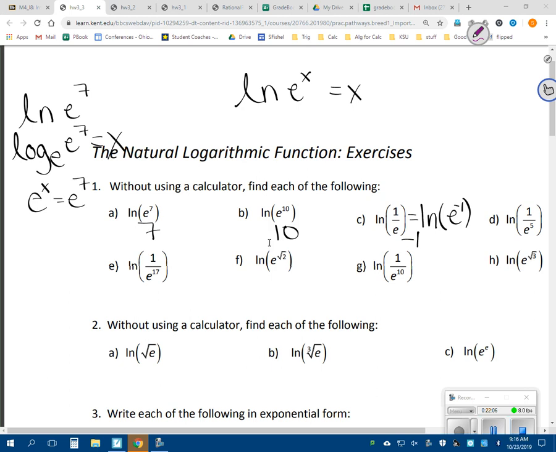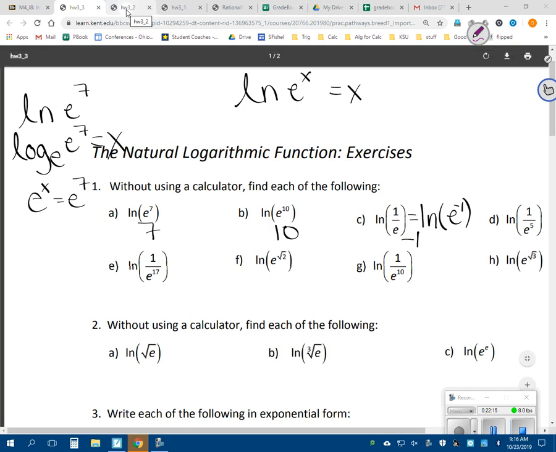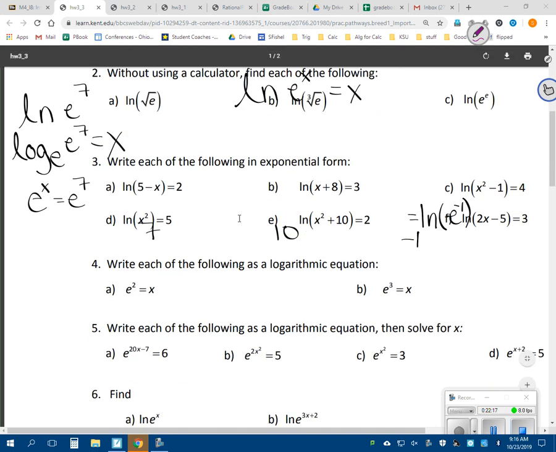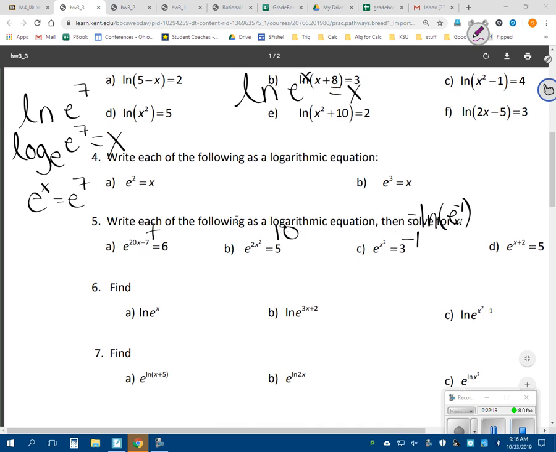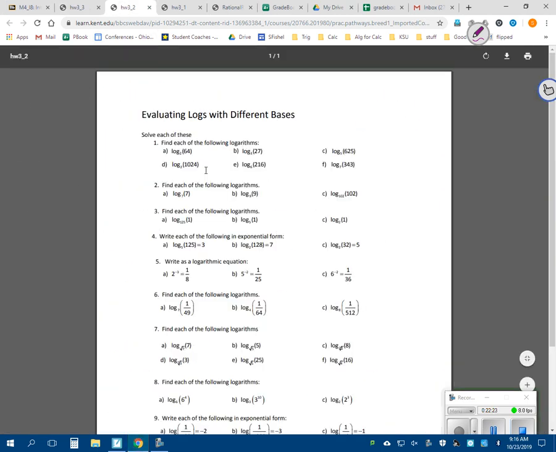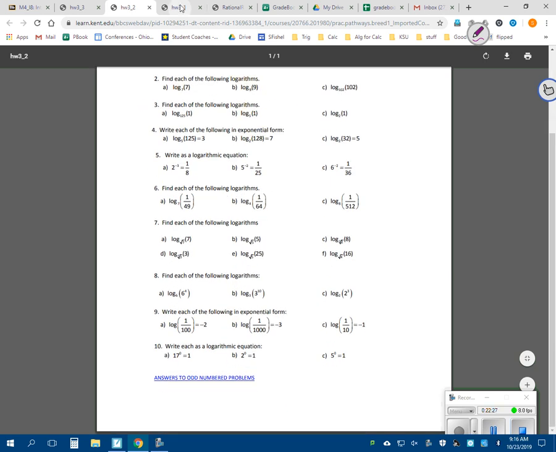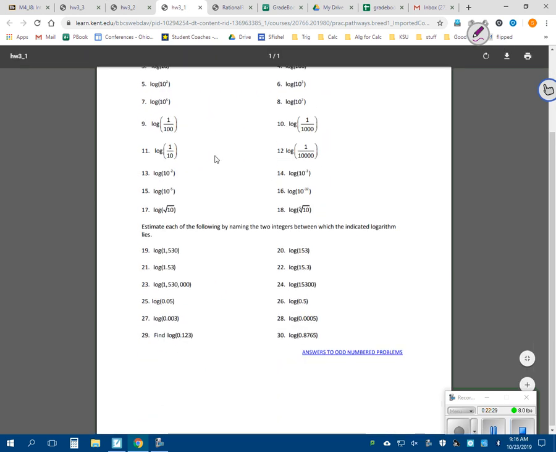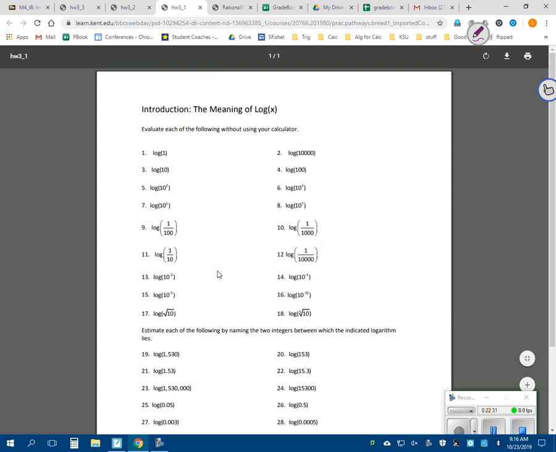Square root of 2. Negative 10. Square root of 3. Are we okay with all those? Okay, anything else I want to talk about here? No, I think you should be able to do all of those. This is just more of the same thing we've been doing. And then more of the same thing here. Do you guys feel all right?